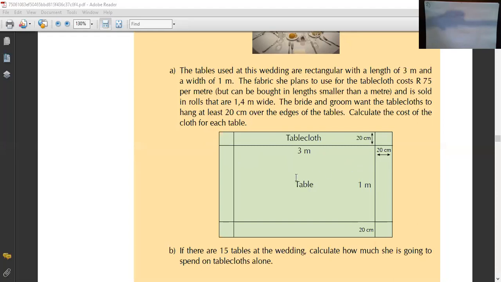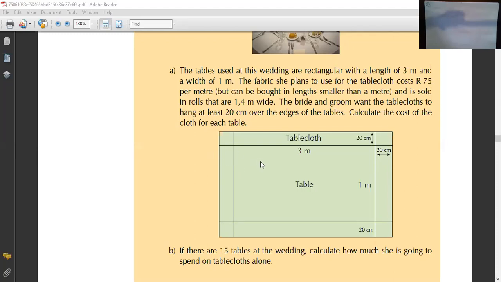We just need to figure out what is the length to be used. As you can see, guys, this is 20 centimeters.